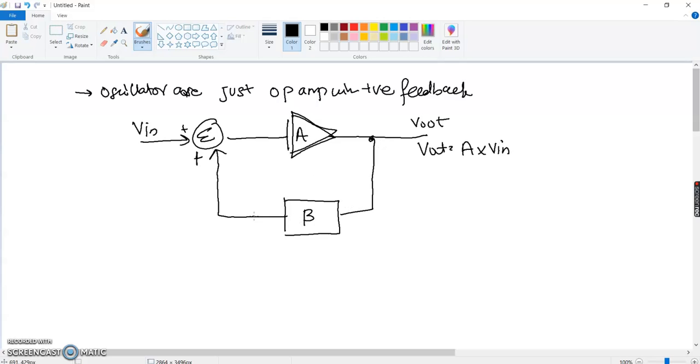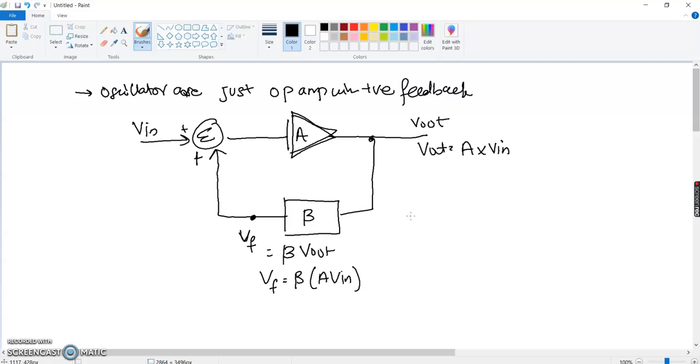And on this feedback loop, if I try to figure out the voltage over here, that would be the feedback voltage, which equals beta times the input, which is V out. So we can say that Vf is nothing but beta A V in, right?